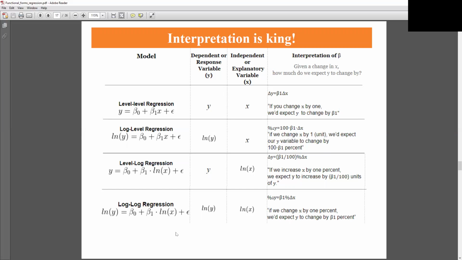Then log-log. You see the expression over here, percentage delta y is equal to beta 1 into percentage delta x. So it is the percentage change in y to the percentage change in x.